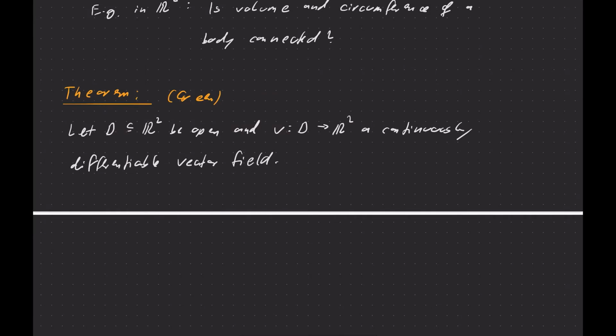Furthermore, let's talk about the set that we are interested in. So we don't want to integrate over the set D, but over some set that is contained in D.